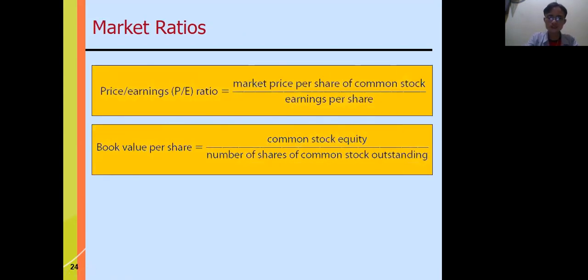Next, for market ratios, which would really be focused on the market prices of shares. So we have the first one, which is normally asked, the P/E ratio. That's the market price per share of common stock over earnings per share. Why is it that we emphasize common stock?